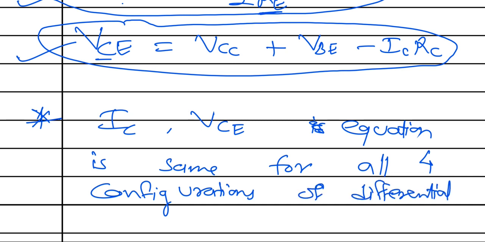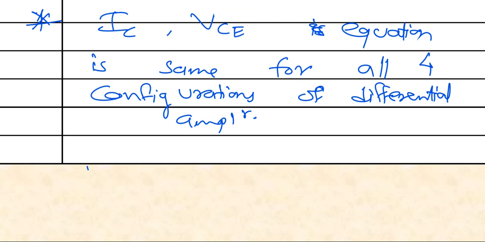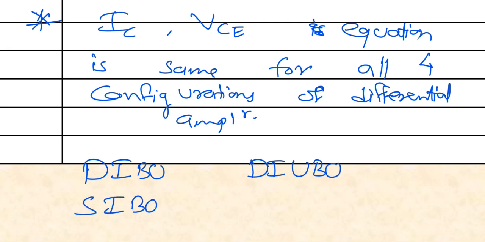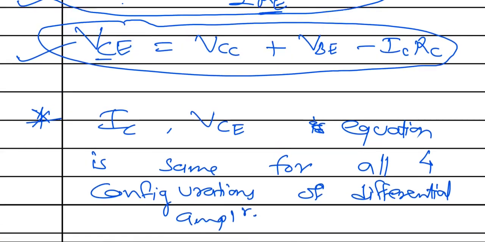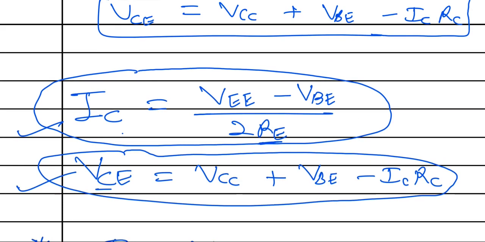That means these expressions are same for dual input balanced output, dual input unbalanced output, single input balanced output, single input unbalanced output. तो ये इक्वेशंस चारों कॉन्फ़िगरेशंस के लिए सेम है. So please remember these two important equations. Collector current is VEE minus VBE divided by 2 times emitter resistance, and VCE equal to VCC plus VBE minus ICRC. Very important equation.